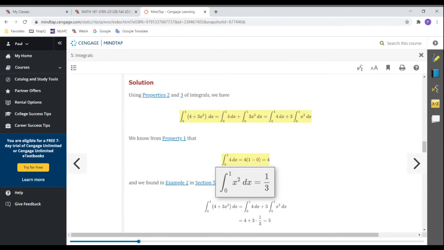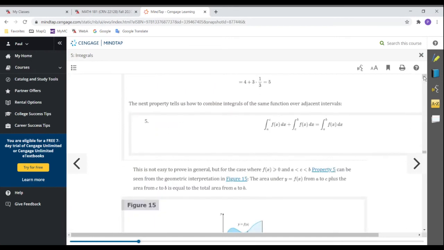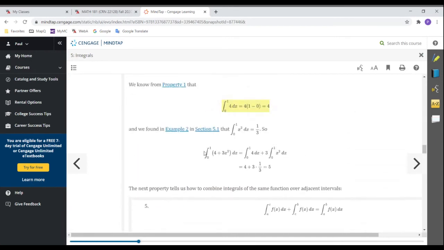They show that the integral from 0 to 1 of x squared dx is 1/3. And so given that, we're able to compute this definite integral using the properties of integrals. That definite integral is going to equal 4 plus 3 times a third, which equals 5.